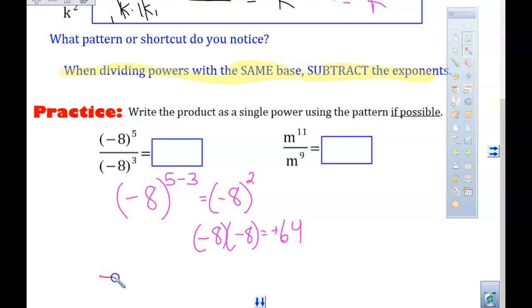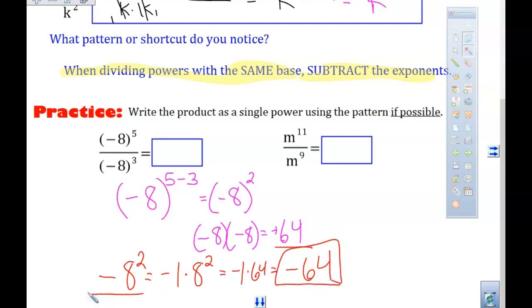If I have this without a parenthesis, and I still have students in algebra who get mixed up with this, this is a different answer. This one means -1 times 8 to the second. Here, I took -8 times -8, got positive 64. What's going to happen here? I'm going to take -1 times 64. My answer is going to be -64.